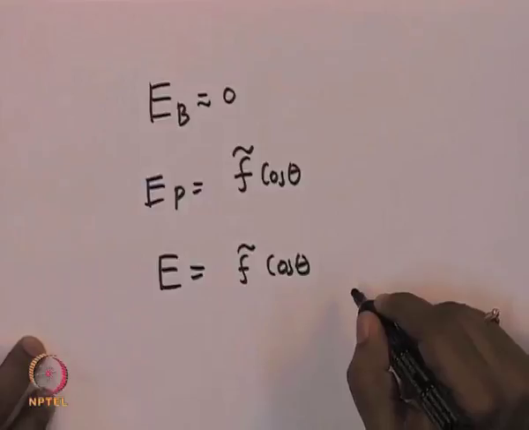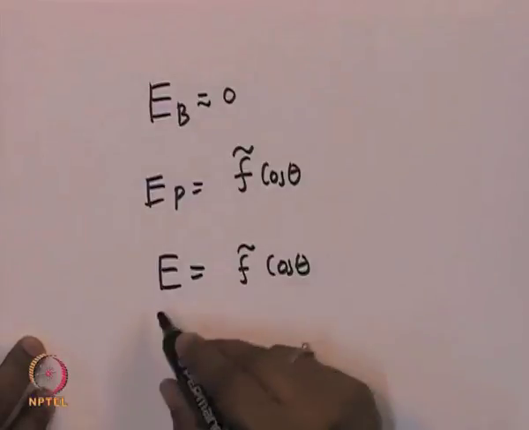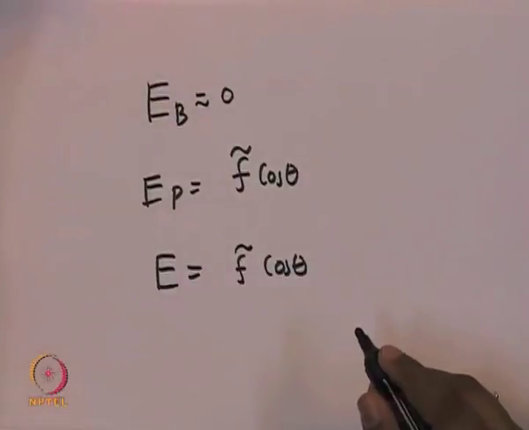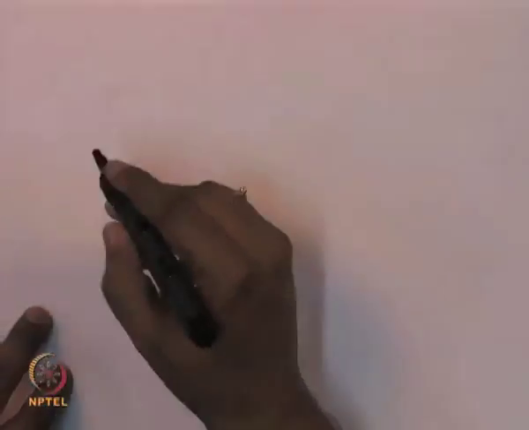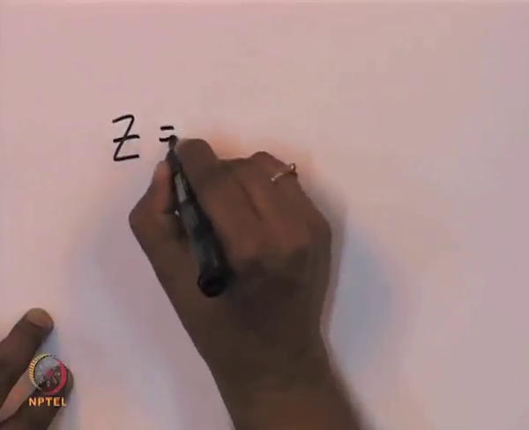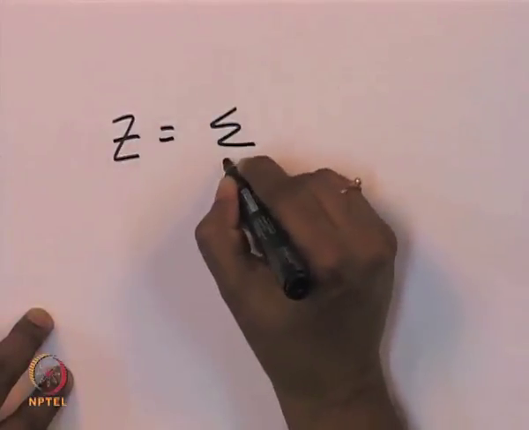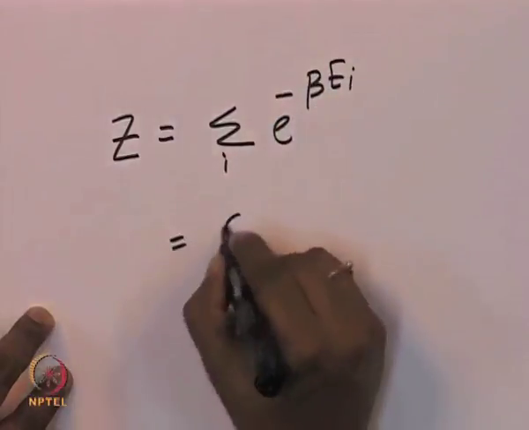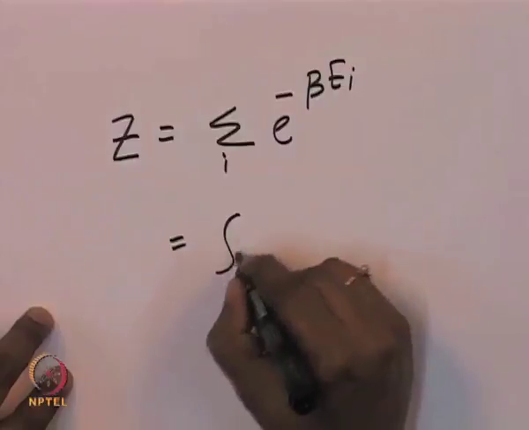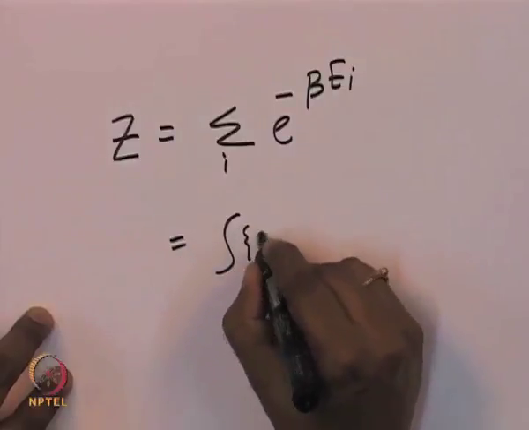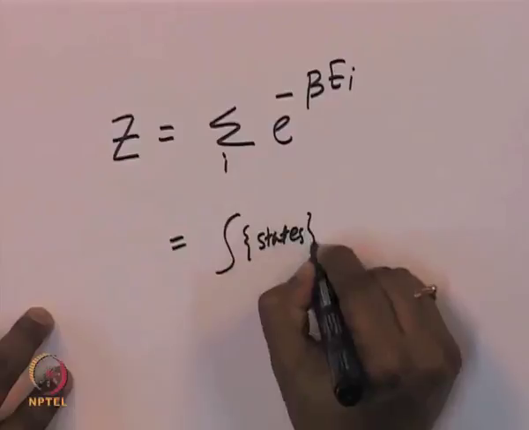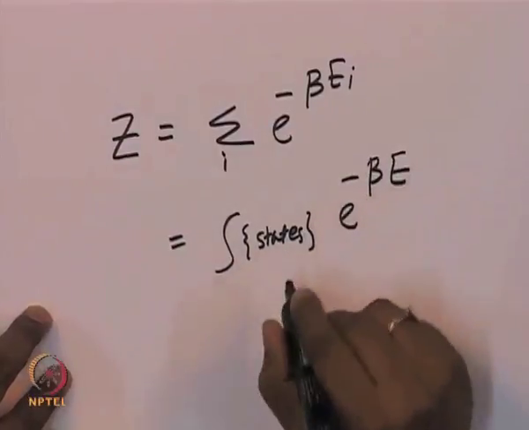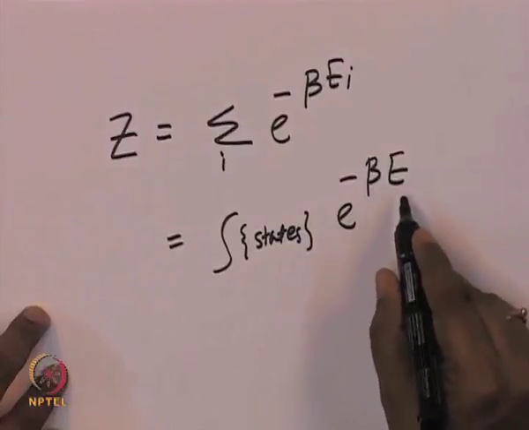Okay. Now, let us write down the partition function. We said that the partition function Z is the sum over i of e to the power minus beta E_i, or the integral over all possible states of e to the power minus beta E. Now, E is F tilde cos theta.